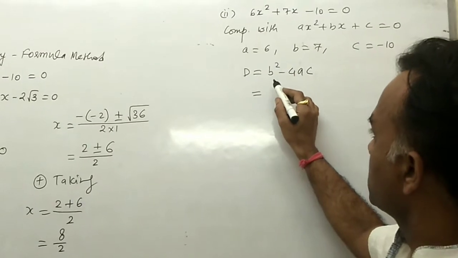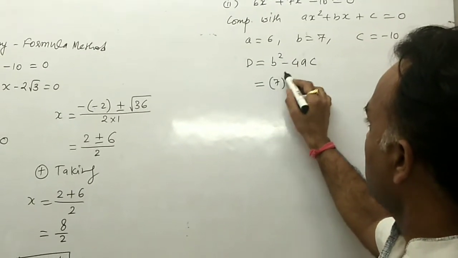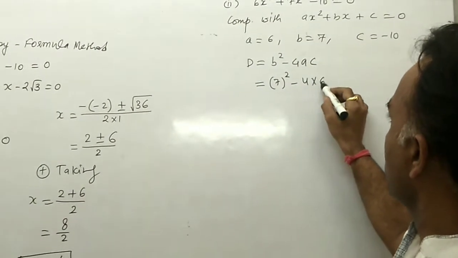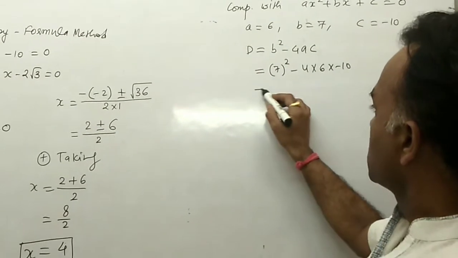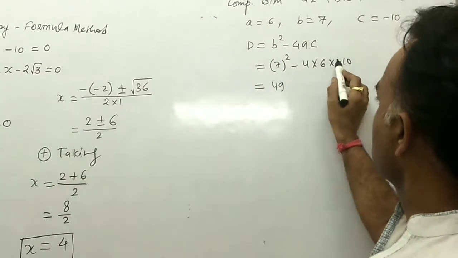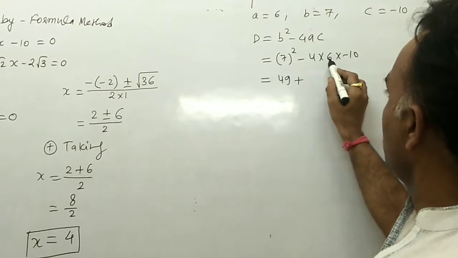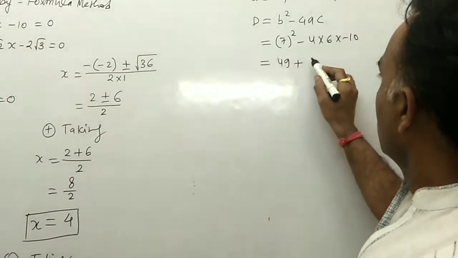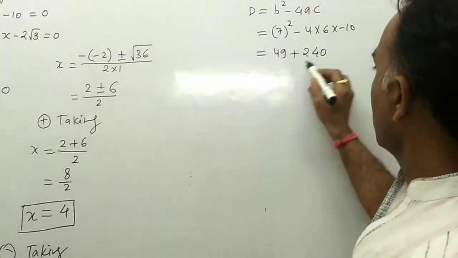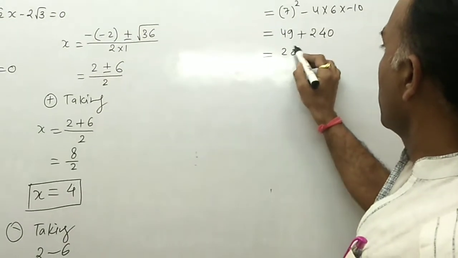So you write b square, means 7 square, and then minus 4 into 6 into minus 10. 7 square is 49, minus minus is plus, 4 sixes are 24, 24 into 10 is 240. So you have 289.